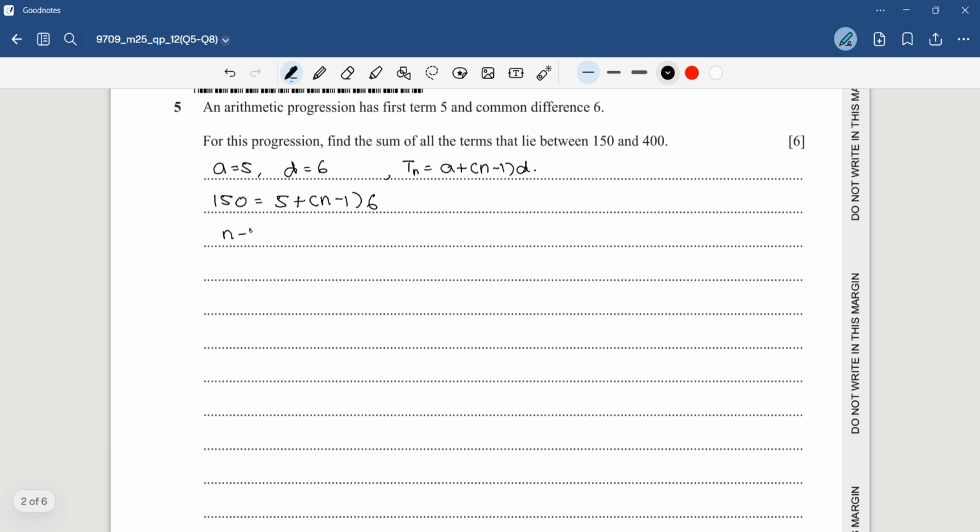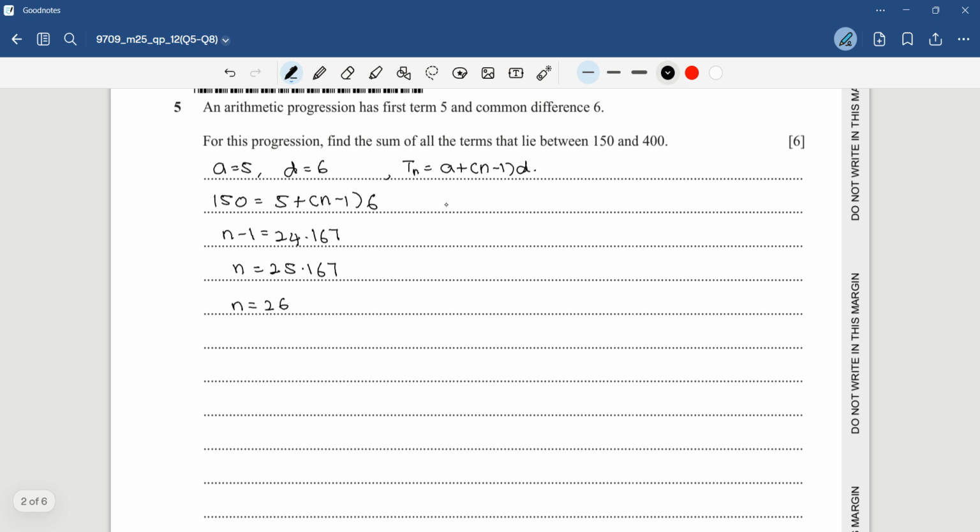So n minus 1 is 24.167, therefore n equals 25.167. So the very first term more than 150 is going to be n equal to 26.